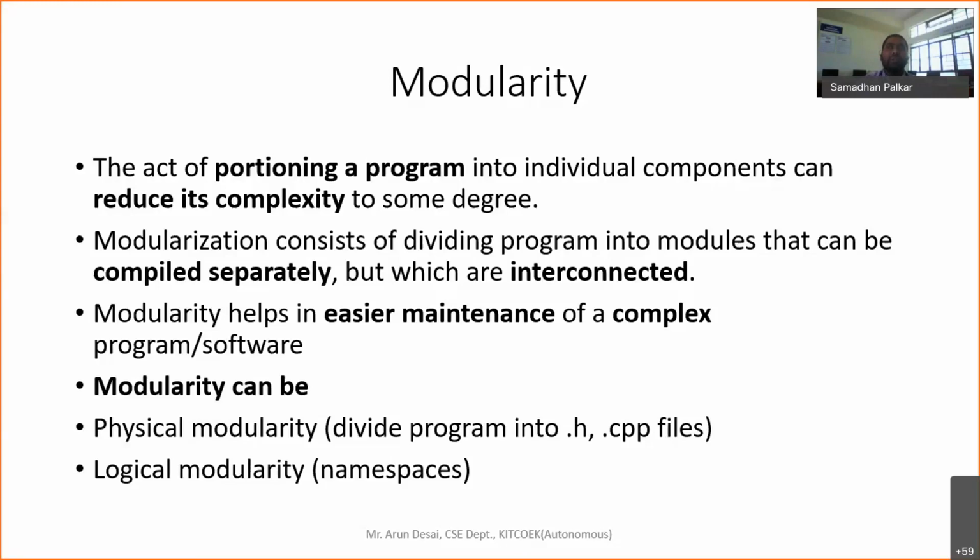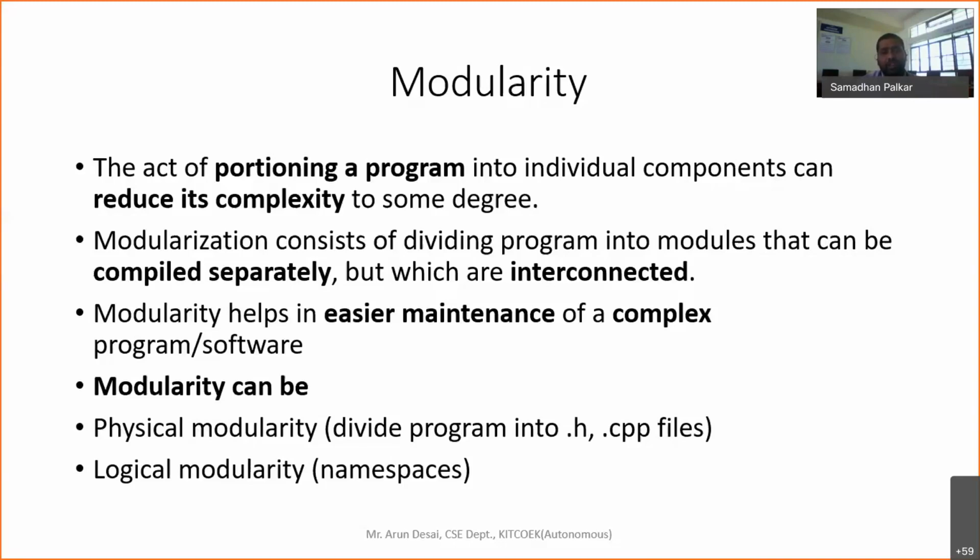Why are we dividing the complex program? Obviously it will be easier to maintain that program, right? So just for easier maintenance, or just for proper reusability, we are partitioning a program into individual components, so it also reduces the complexity.